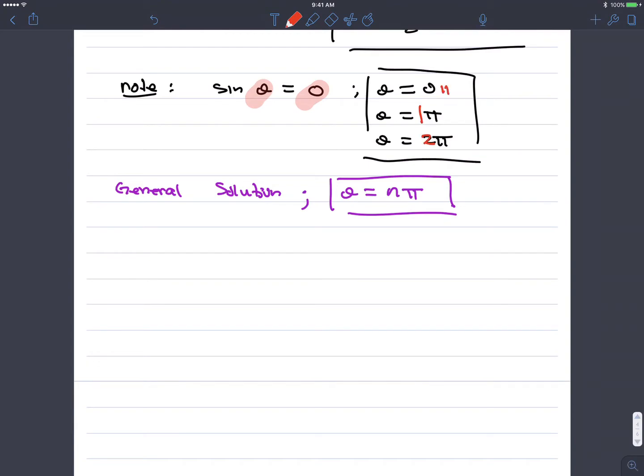We can say that was maybe 0 pi. You with me on that? So you're getting the counting numbers or the whole numbers, 0, 1, 2, 3, 4, and even the negatives now. Remember, n is an integer. So we can just simply use this particular formula in this case, just n pi.